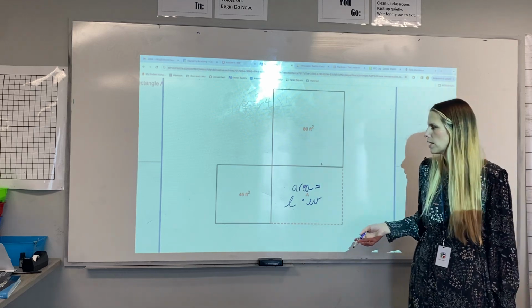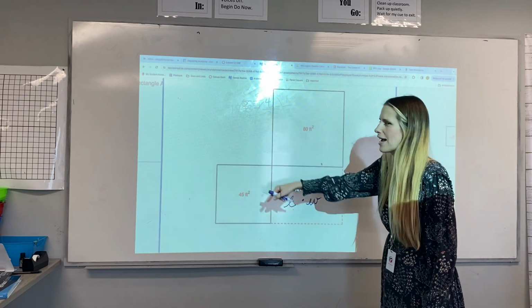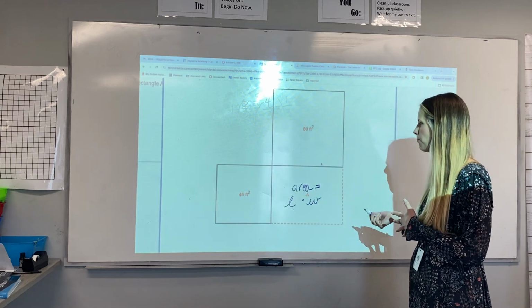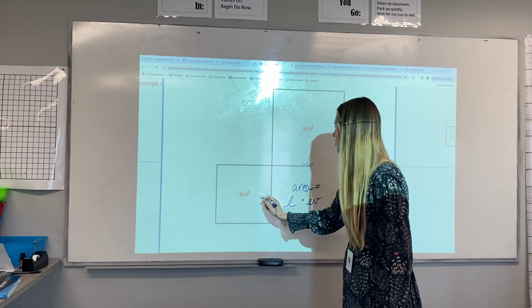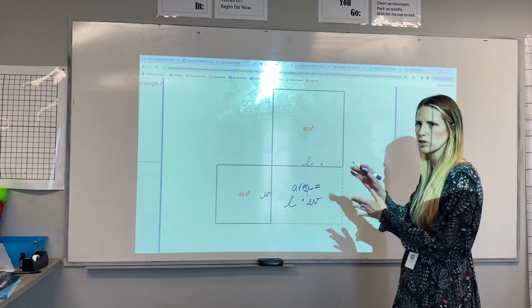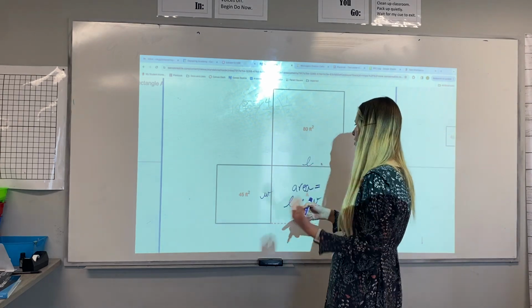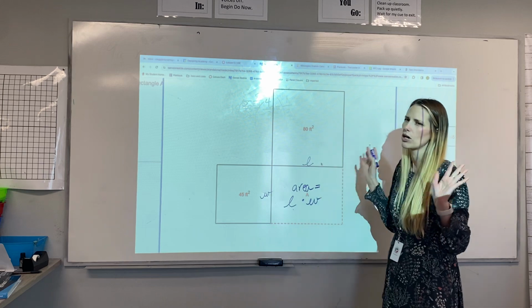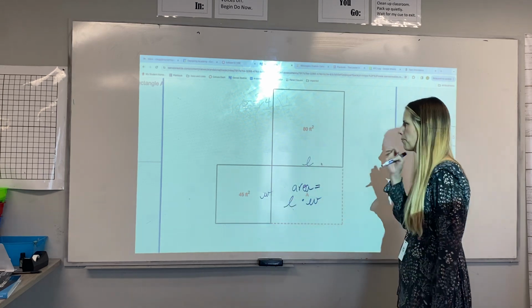No. It doesn't even tell you these sides. But we'll call this the length and we'll call this the width. Doesn't matter which one is which, if they're being multiplied together, by the commutative property of multiplication. I'm going to call this the length because usually we call the longer side the length, okay?